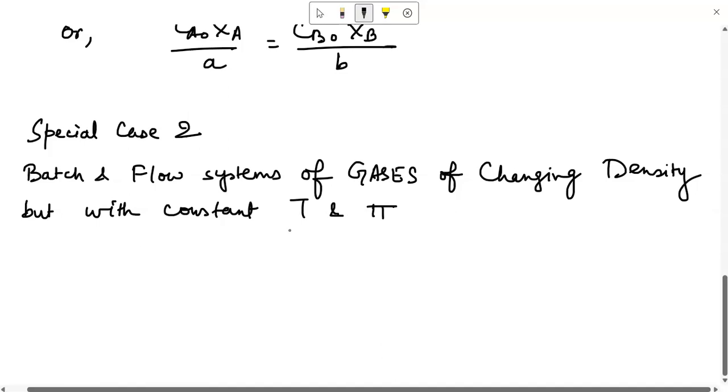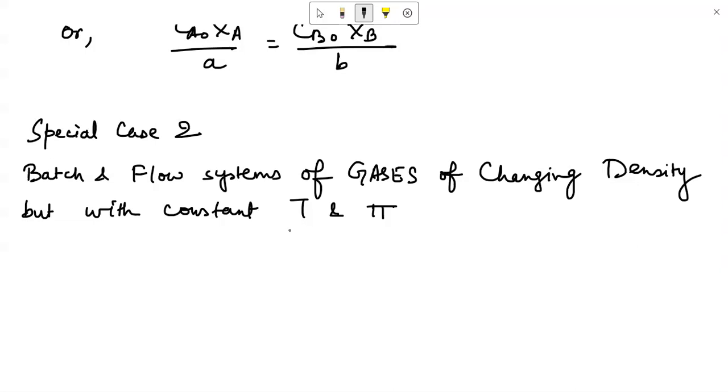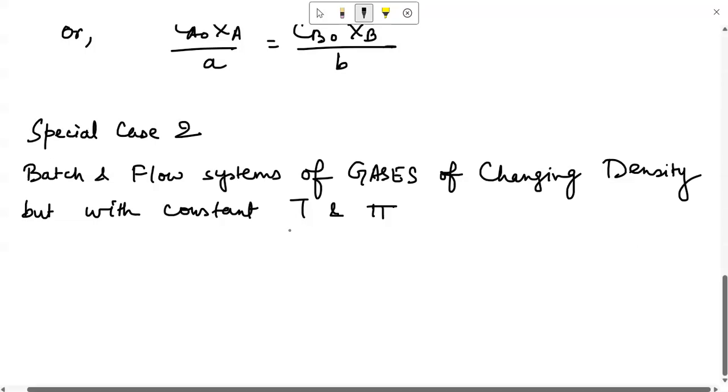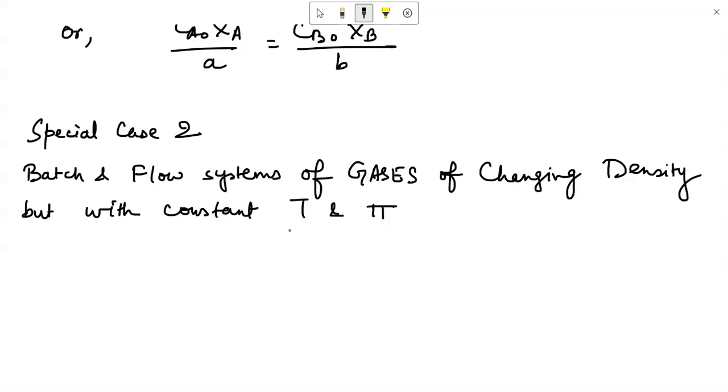T is for temperature, pi is for total pressure. So here the density changes because of the change in number of moles during the reaction. Okay, but the temperature and the total pressure remain constant.